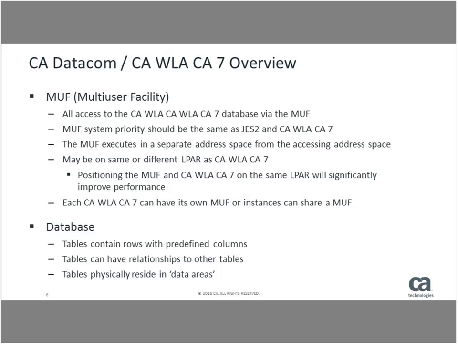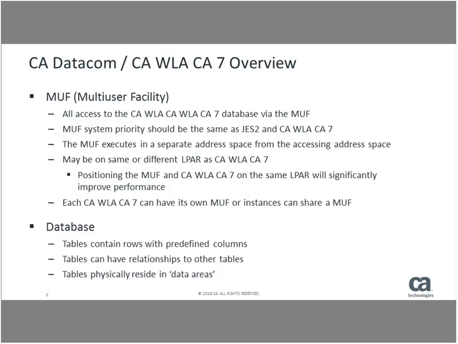And currently, there's a lot of clients that do have multiple CA7s. We strongly recommend that the MUF should be in the same LPAR as your CA7 started task. You may find that you have significant degradation if the MUF is on a different LPAR from where your CA7 started task is running.